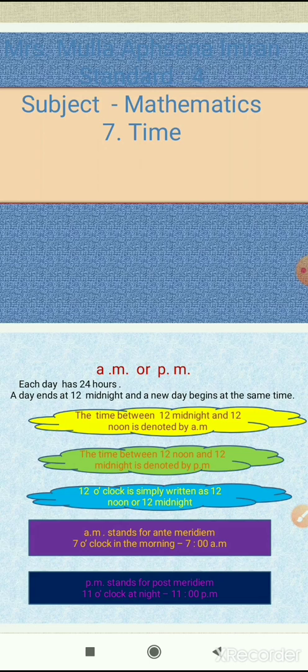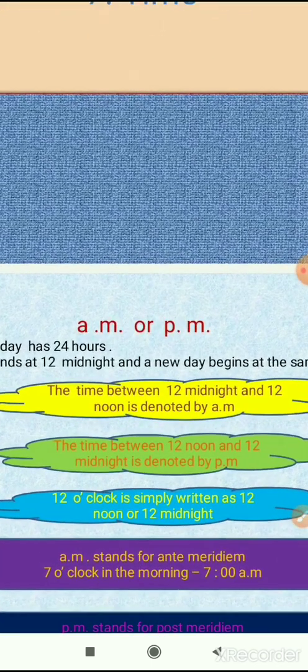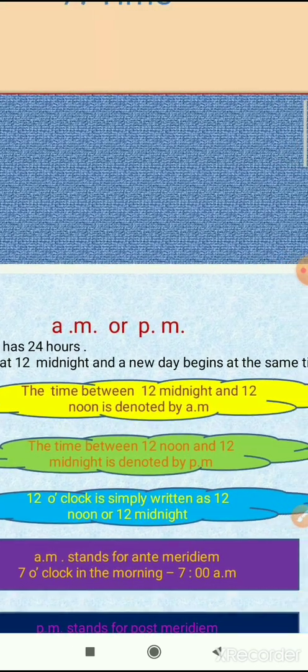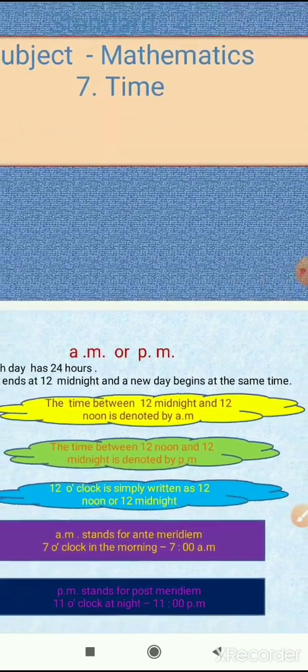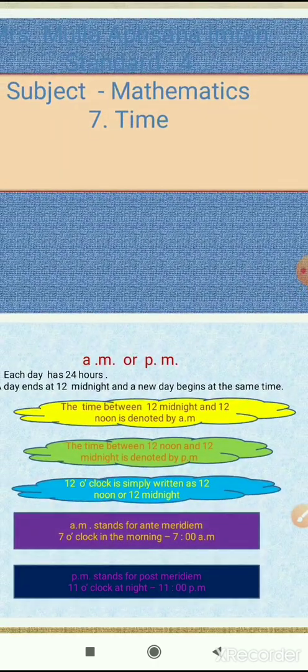When one day ends, a new day begins at the same time. Means at 12 midnight one day ends, and at the same time the next new day begins.